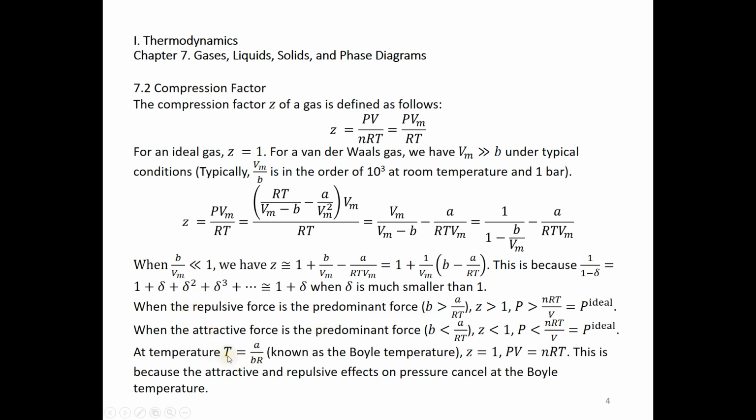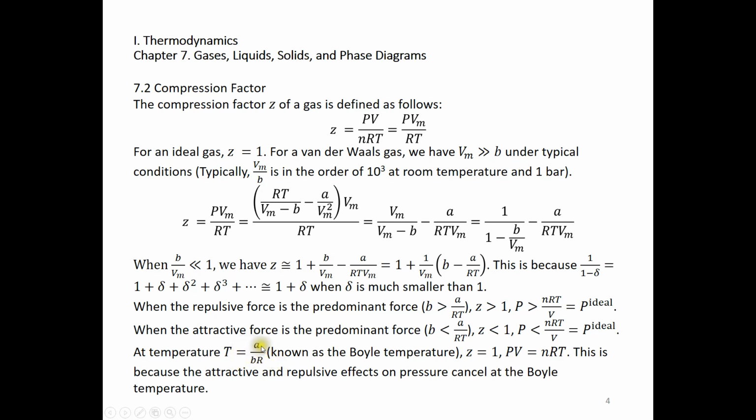If we have a temperature right at A over BR, we can plug this temperature in, and then we have B minus A over, with A divided by B on the bottom, and we actually get B minus B. Z is equal to 1. So in this scenario, Z is equal to 1 when the temperature of the van der Waals gas is equal to A over BR.